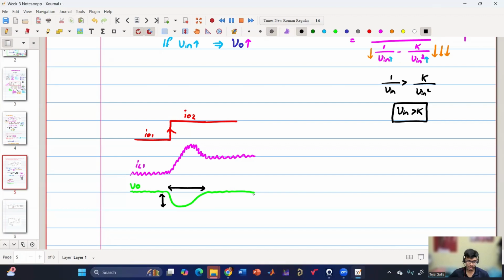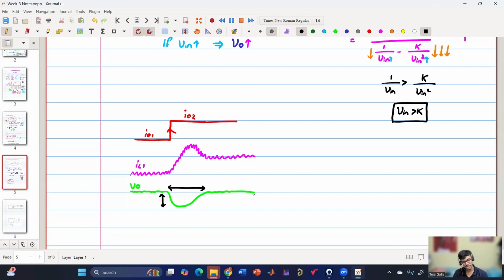We'll discuss this in detail when it comes to the controller design. We'll use two different types of model, one small signal and one large signal, and we'll see why large signal can improve the performance with minimal undershoot as well as settling time.